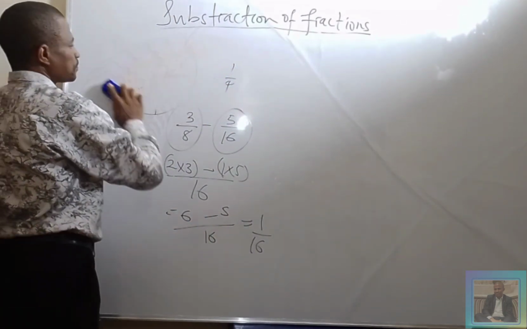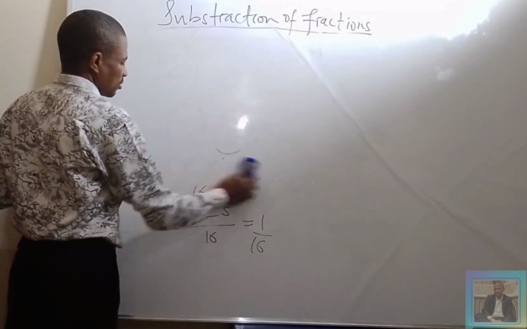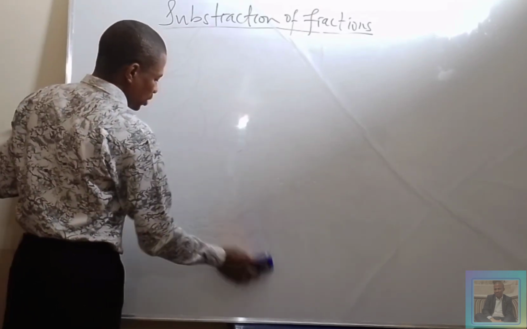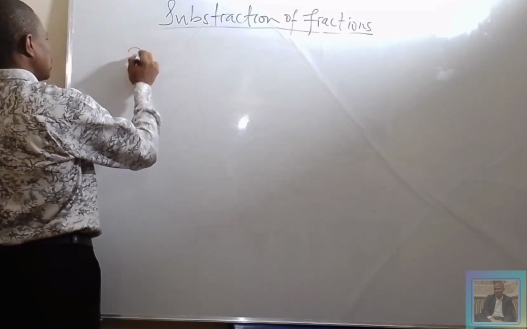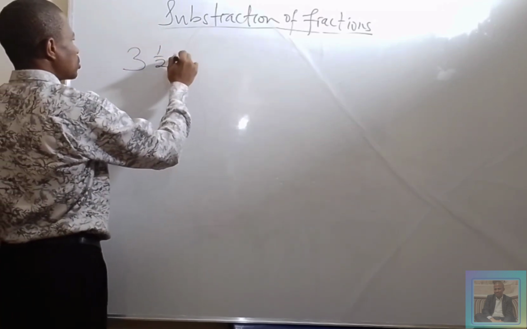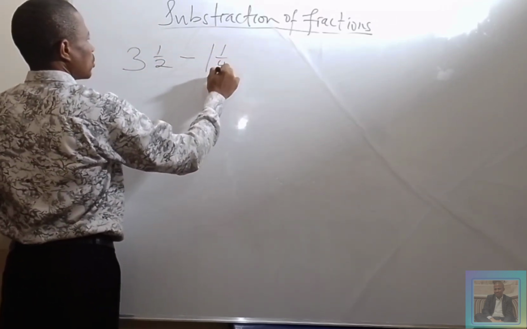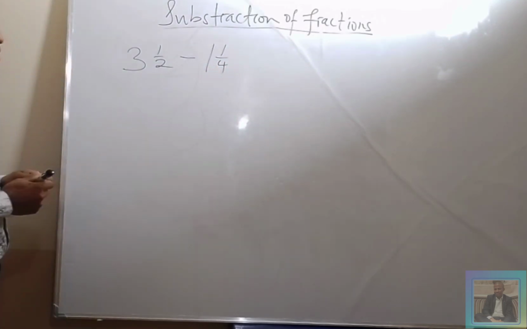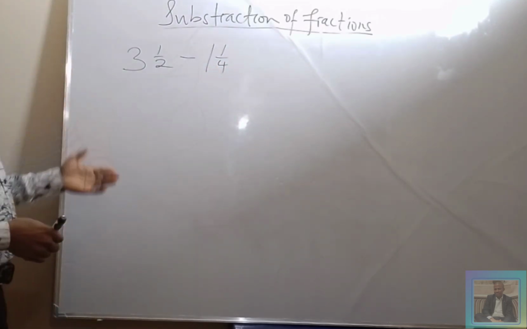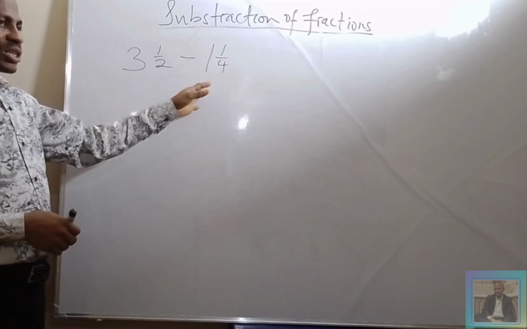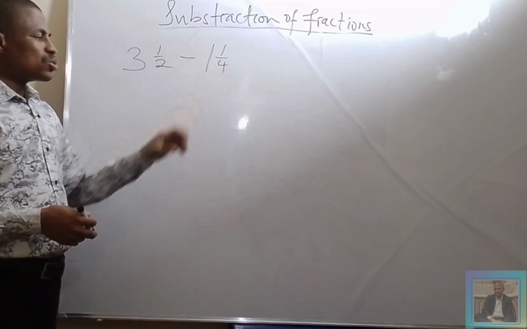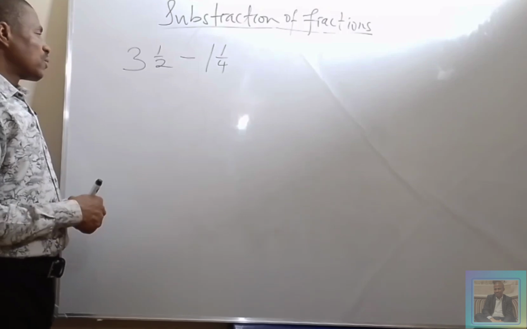Sometimes we are given mixed fractions to subtract. For example, 3 and 1 over 2, minus 1 and 1 over 4. What do we do in this case? There are 2 ways in which we can do this. We can first subtract the integers, then later subtract the fractions.